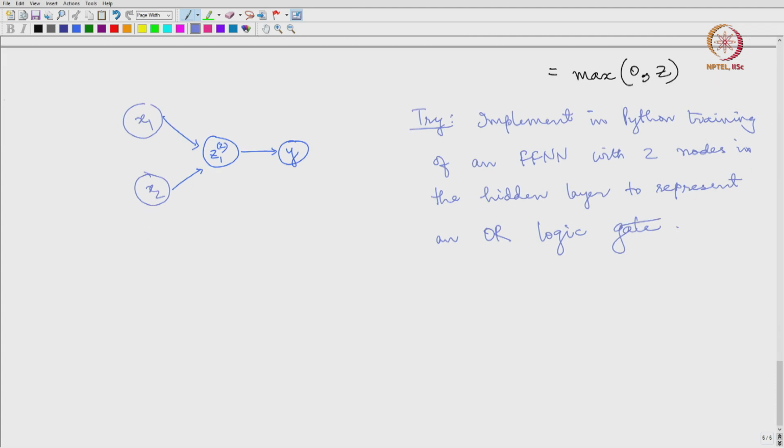Okay. So like I said, for analytical simplicity here we will only work with one single node in the hidden layer.